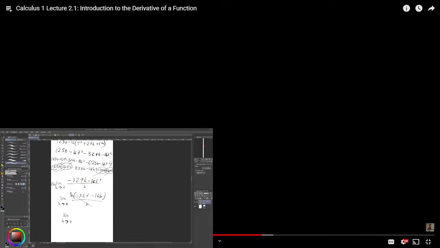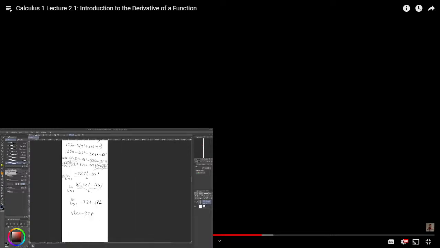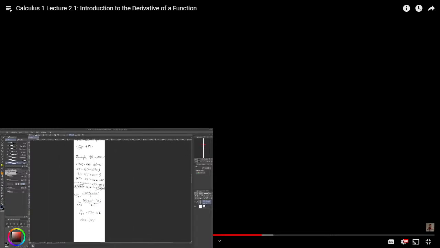s prime of x. Factor out an h. So the limit is going to be negative 32t, which means the derivative is negative 32t.